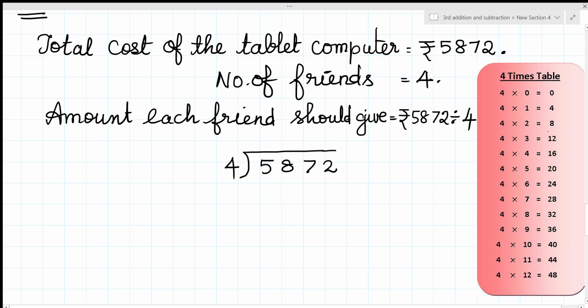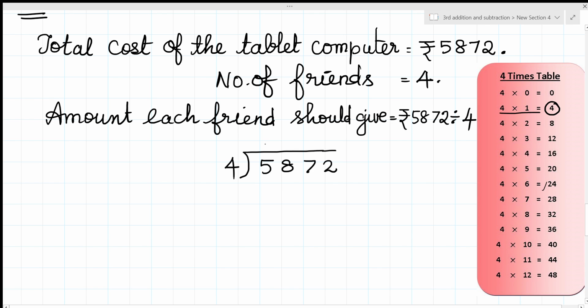Now look at the table. Do we have 5 in 4 table? 4 times 1 is 4 and 4 times 2 is 8. In the second term we have 8, but it is bigger than the first digit of the dividend. So what we have to do? We have to take the first time, that is 4 ones are 4.